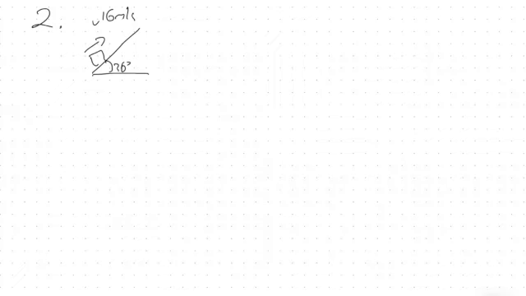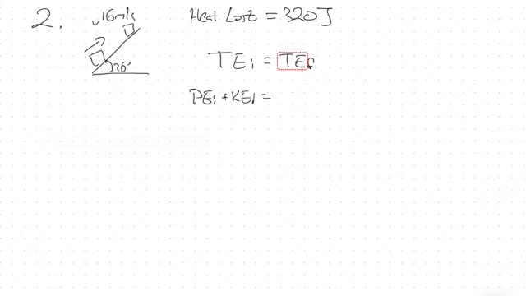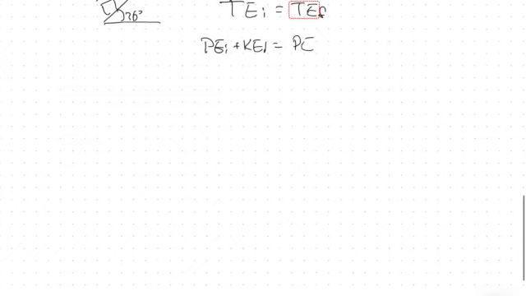So in this case, as it travels, there is heat lost or energy lost due to friction and heat of 320 joules. So the same equation, total energy initial equals total energy final. We have potential energy initial plus kinetic energy initial equals potential energy final plus kinetic energy final.